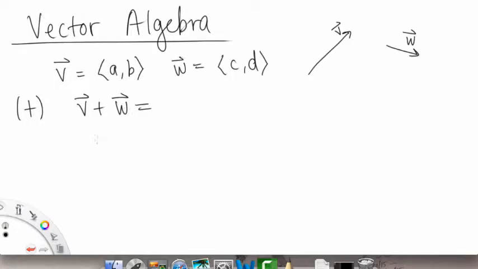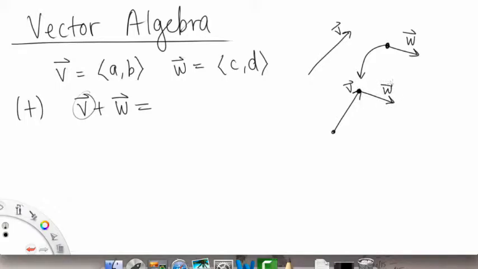And pictorially, what it's going to look like is we're going to take V. You take the first vector, so we have V already. Okay, so I drew that, and then to add W, you take the base of W, this little point that I just drew, and you stick it onto the head of V. So we're going to base W here and continue drawing that.